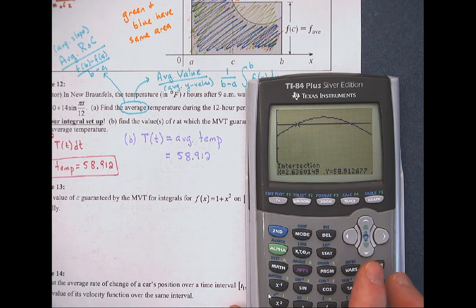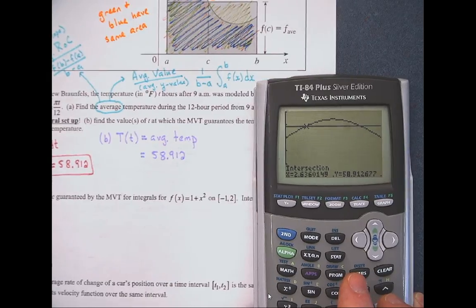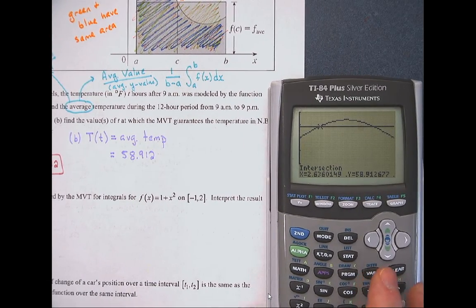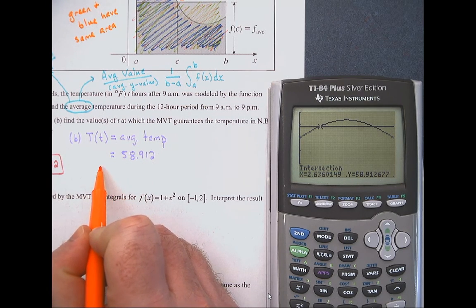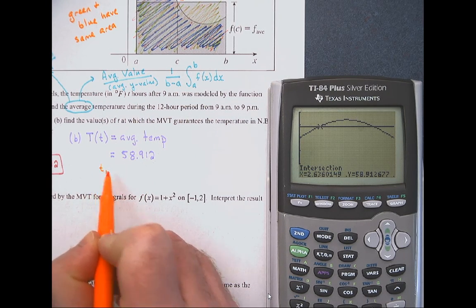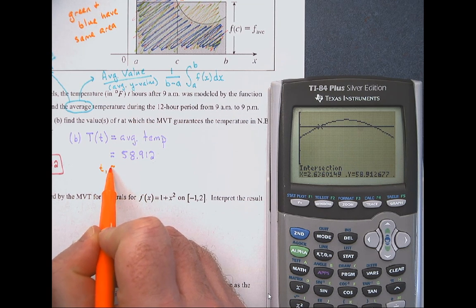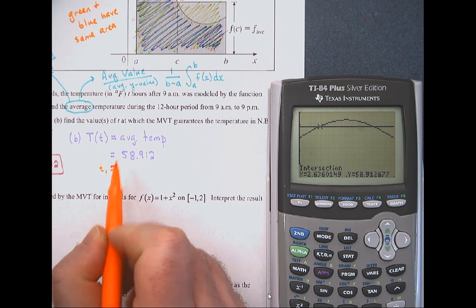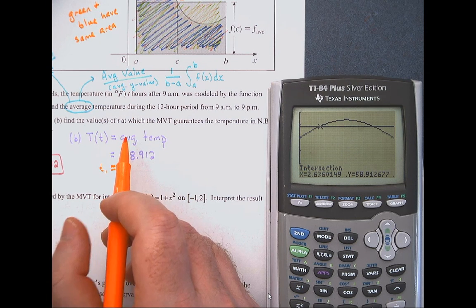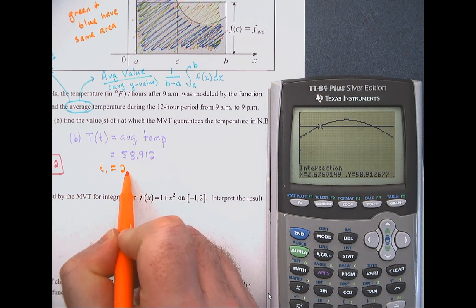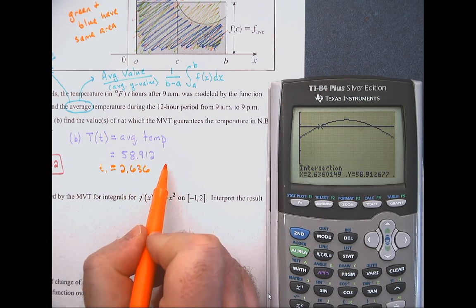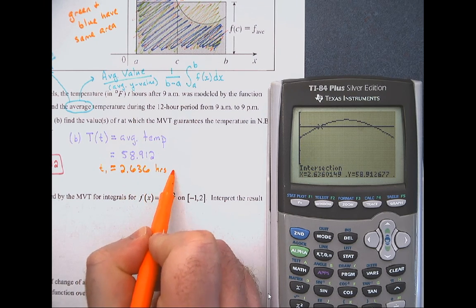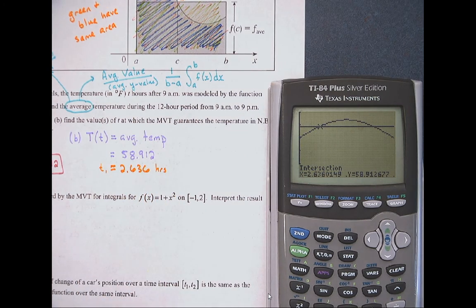So one of my times would be T1 is equal to 2.636 hours.